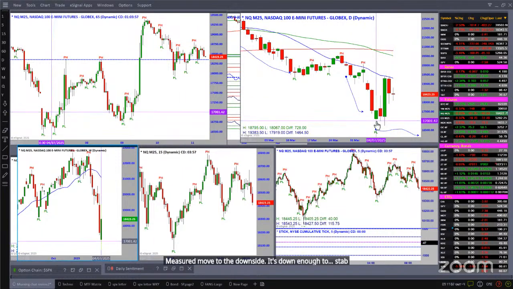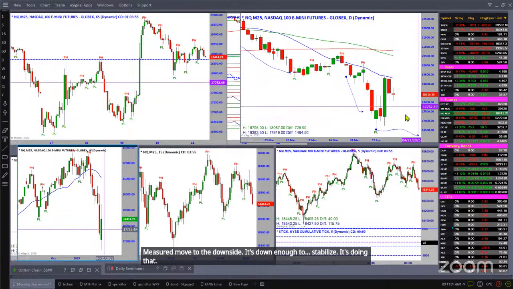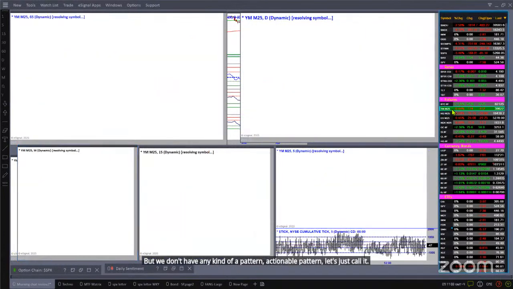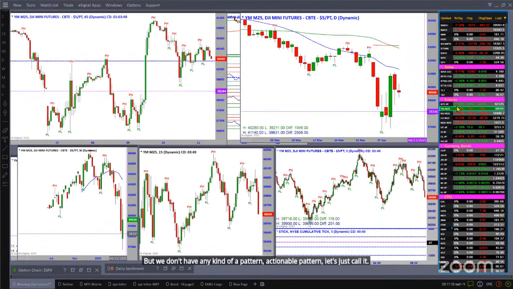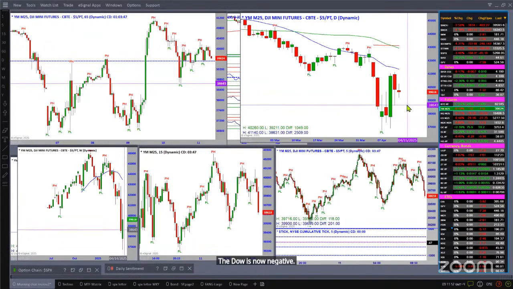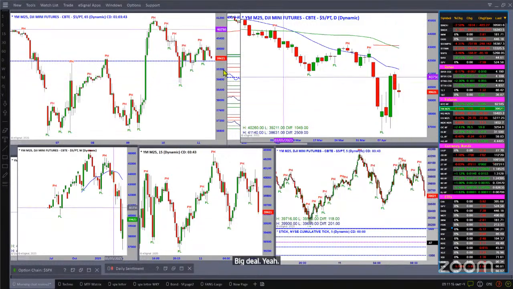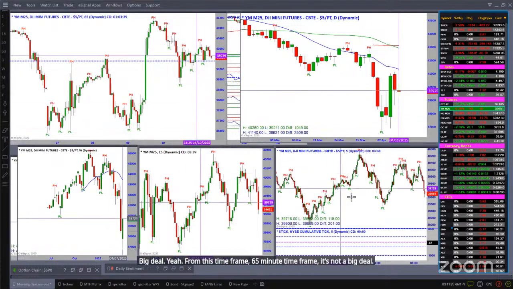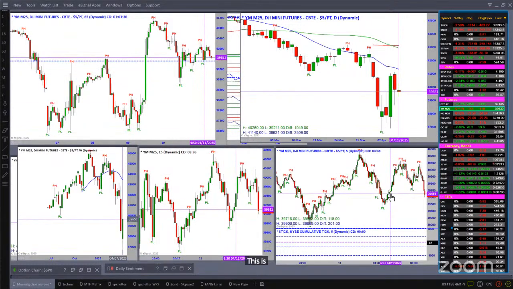It's doing that, but we don't have any kind of actionable pattern, let's just call it. The Dow is now negative within this range. Big deal. From this 65-minute time frame, it's not a big deal. This is just a trading range back and forth. So we're just putting things in perspective of what is.